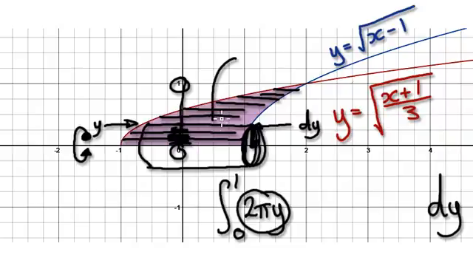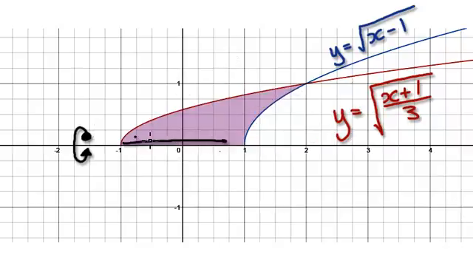Now we need to know the length of this cylinder. Let's look at this particular cylinder here. The length of this cylinder would be from here to here, and then added from here to here.